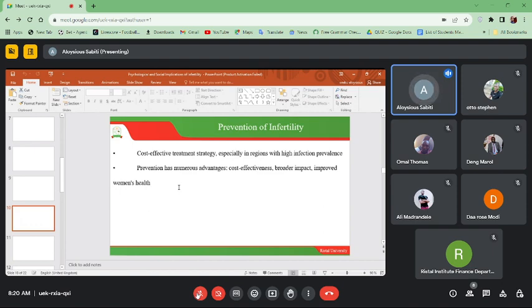So in prevention, we look at the causes of infertility that we looked at earlier on. Now, doing away with those causes, one, we looked at the environmental factors, and we were talking about exposure to certain radiations, for example, exposure to X-rays.